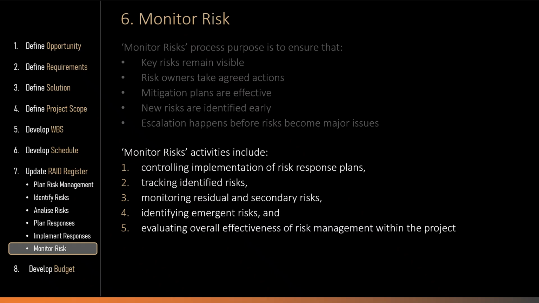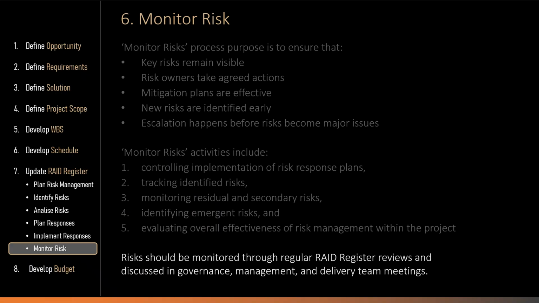Monitoring risk activities include controlling implementation of risk response plans, tracking identified risks, monitoring residual and secondary risks, identifying emergent risks, and evaluating overall effectiveness of risk management throughout the project. When it comes to execution of the process, risks should be monitored through regular RIDE register reviews and discussed in governance, management, and delivery team meetings.